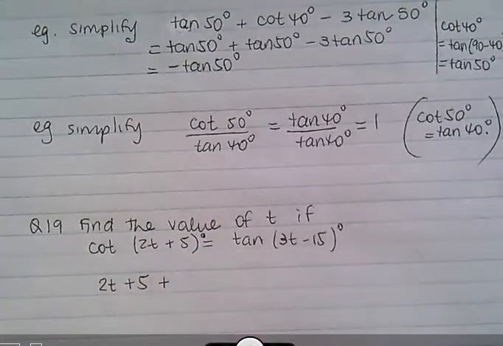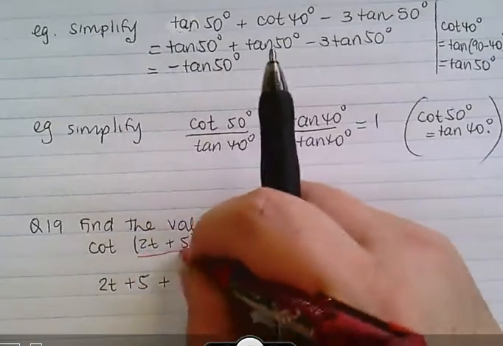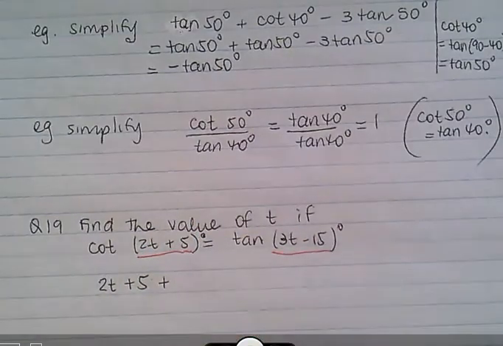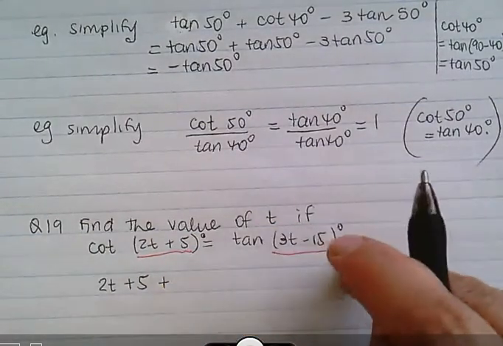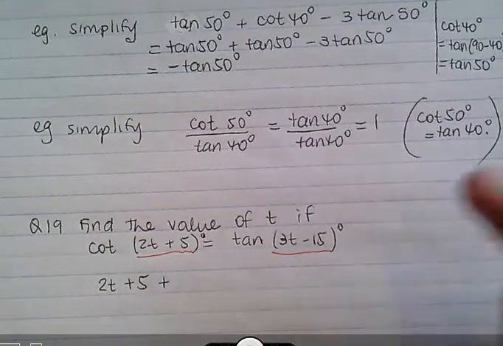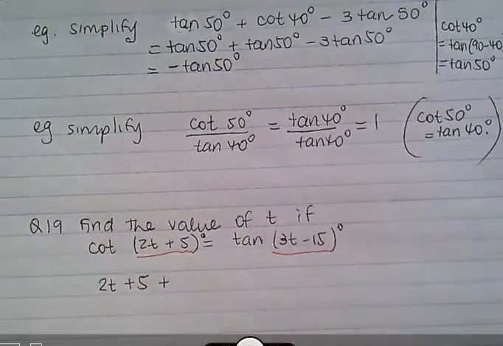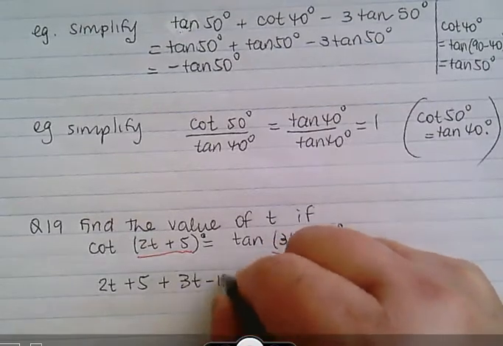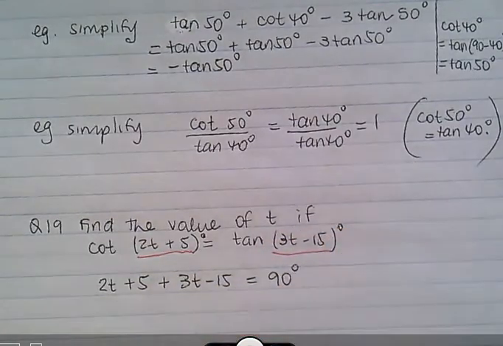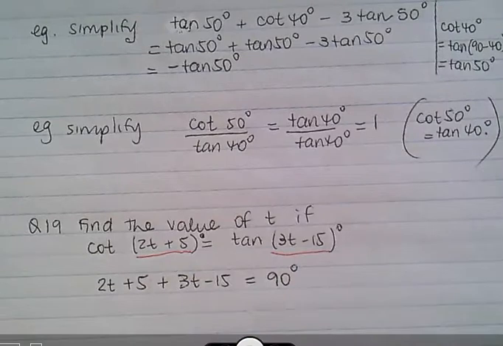Isn't it that this plus that equals 90? That's the easiest way to do it. Some people do that equals 90 minus this one, but I wouldn't do it like that. They're complementary. The two of them add up to 90. So 2t plus 5 plus 3t minus 15 equals 90 degrees.